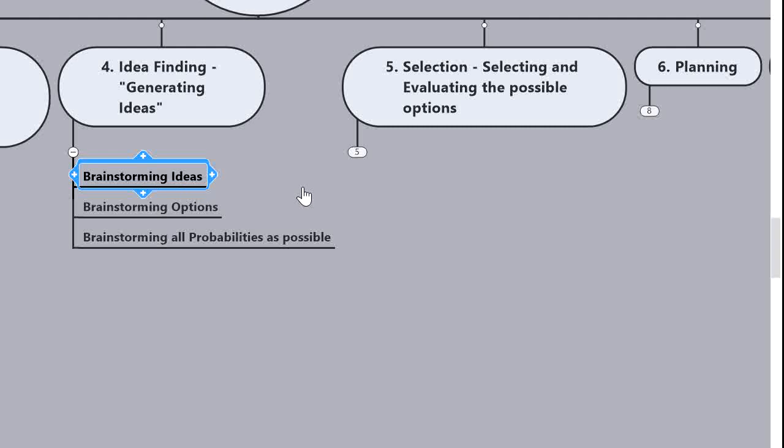I can use MindJet to brainstorm my ideas and my options, brainstorming all probabilities as much as possible. And I drive those probabilities.